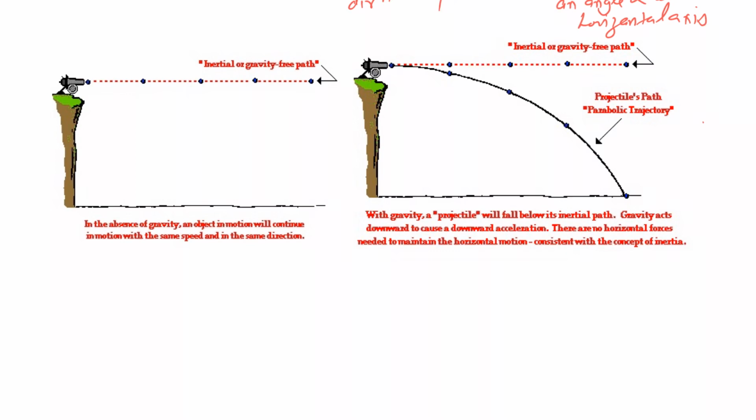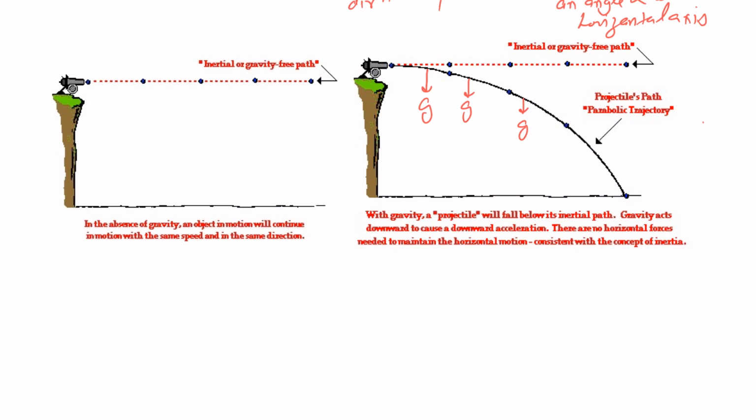But in case of gravity, there is a constant downward acceleration acting upon the body that will cause it to move downward. Therefore, the motion in the presence of gravity will be in the downward direction, and in the absence of gravity it will be directly in the horizontal direction.